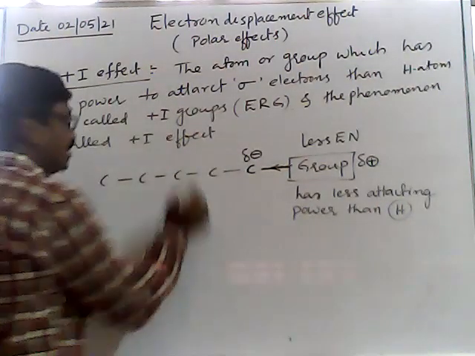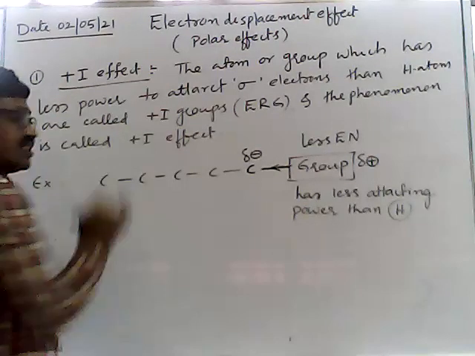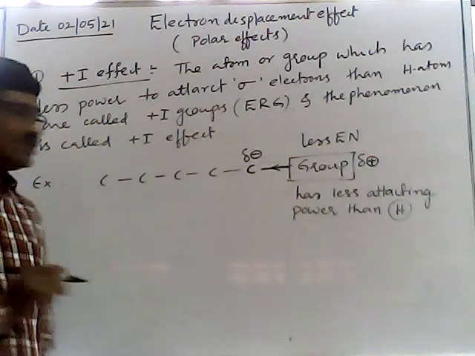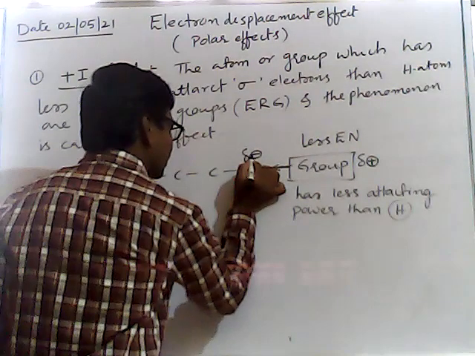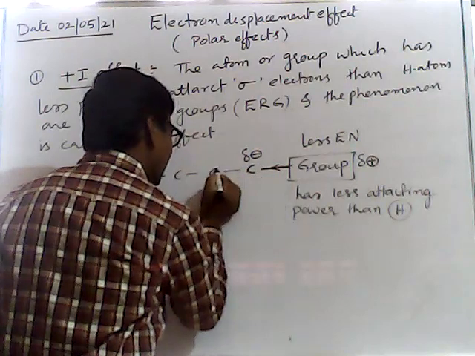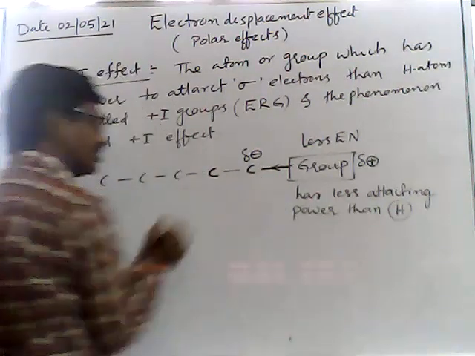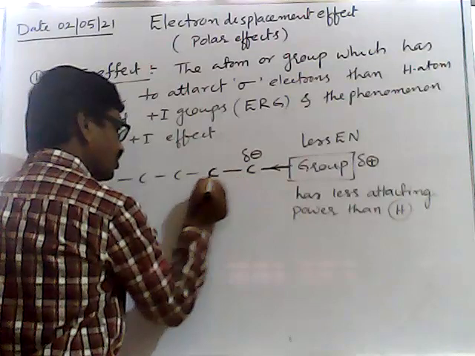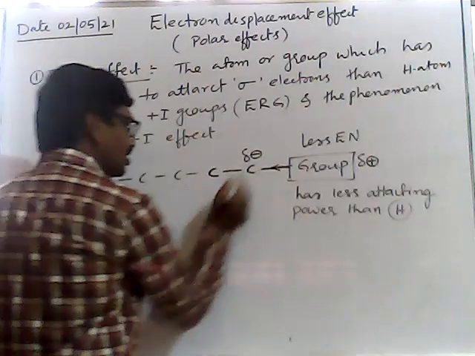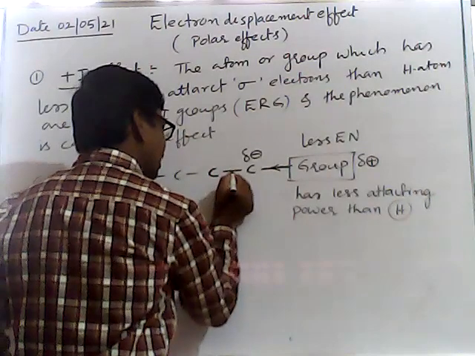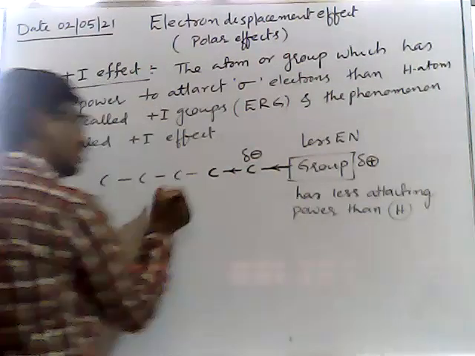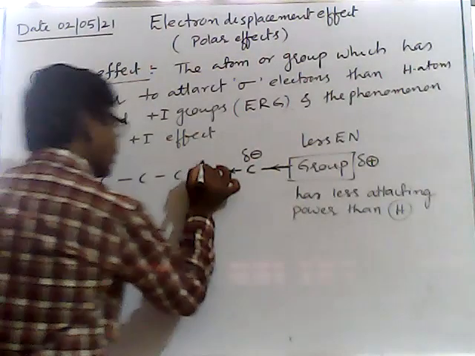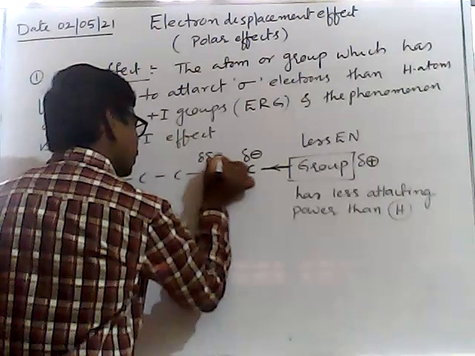And this is I, meaning induction or inductive effect. Because of this negative charge, the adjacent carbon is somewhat induced. Here the effect is present on the adjacent carbon atoms. See here, this electron density now moves towards the next carbon, so here I am writing double partial negative charge.